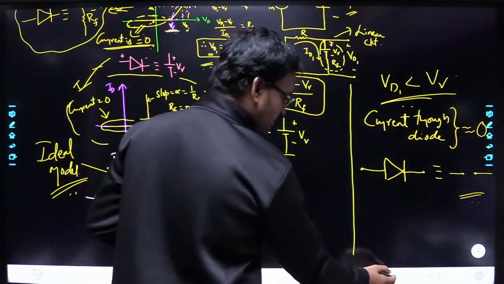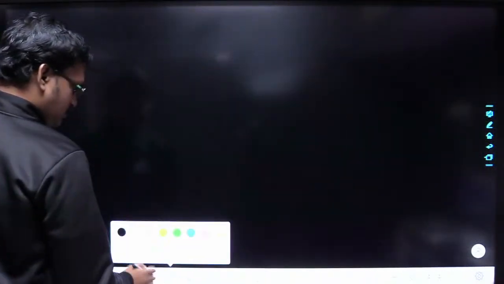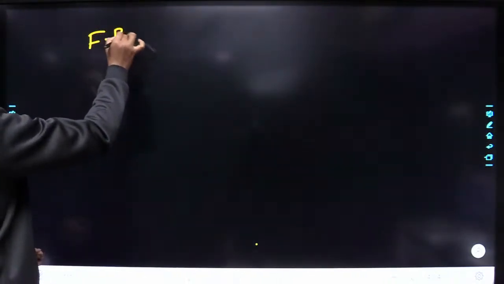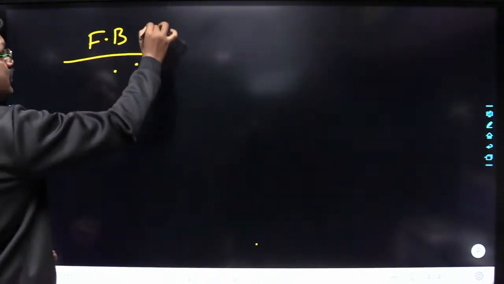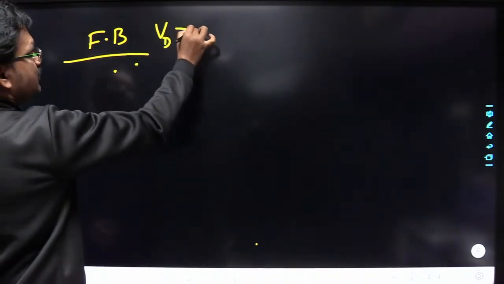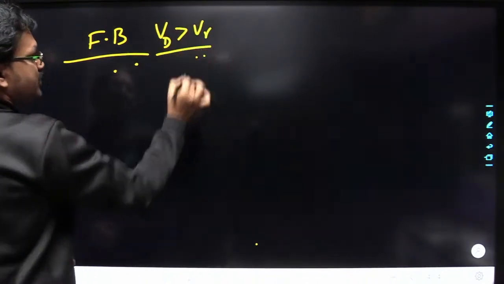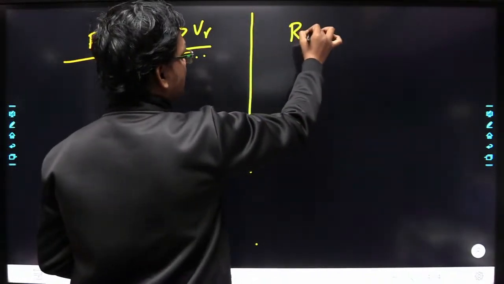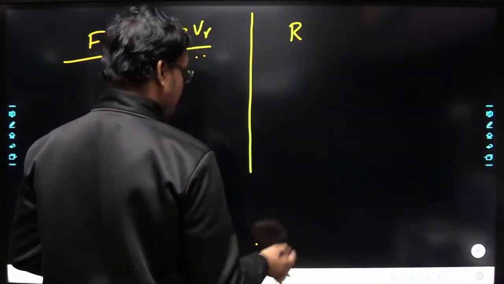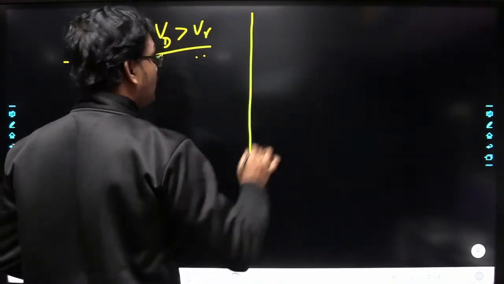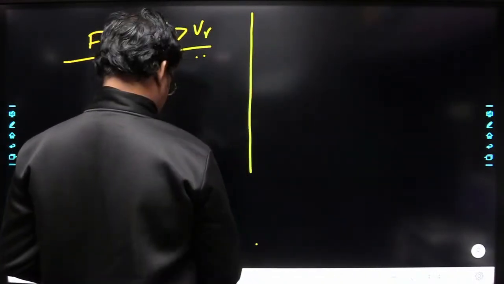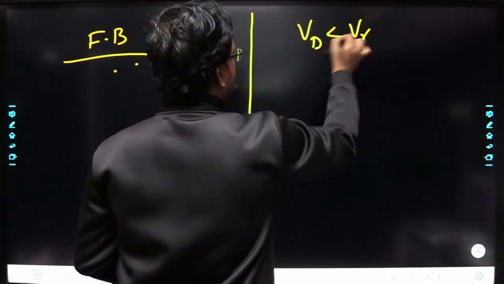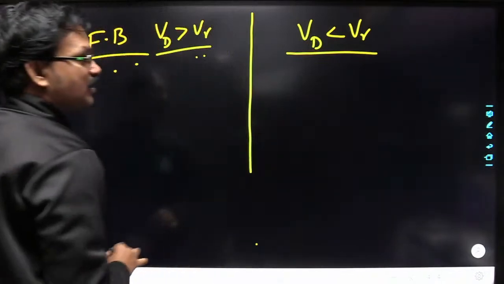So finally I will give a table here. In the forward bias region, that is VD greater than V gamma, and in the reverse bias region, that is when VD is less than V gamma, where V gamma is nothing but the cut-in voltage.